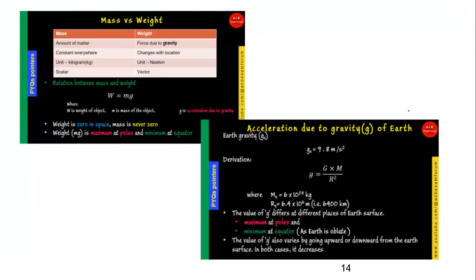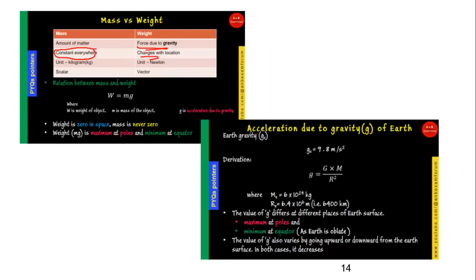So we have seen that the difference between mass and weight is that mass is the amount of matter contained in the substance, whereas weight is the force due to gravity. Mass remains constant everywhere, whether you are on Earth or Moon or anywhere, but weight changes with the location.